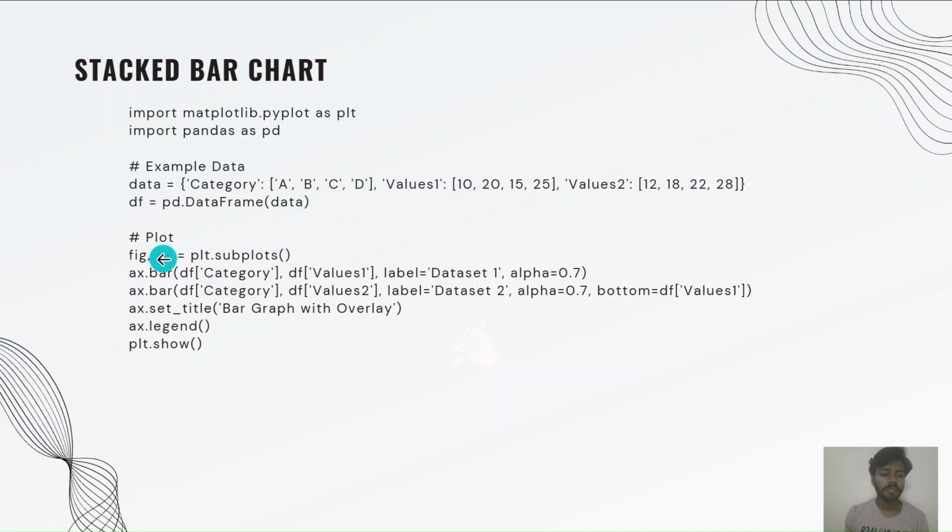Now we plot. fig, ax is plt.subplots, ax.bar(df category, df value1, label assigned dataset 1, alpha 0.7). Now in the second, df category, df value2, we assign dataset 2, alpha 0.7, bottom is data frame value1. Now we set the title, bar graph with overlay, and we show plt.